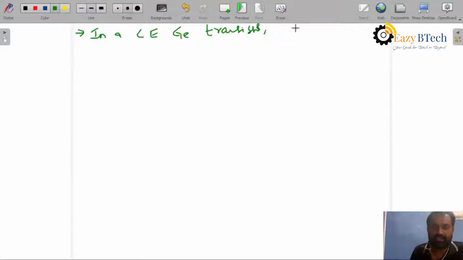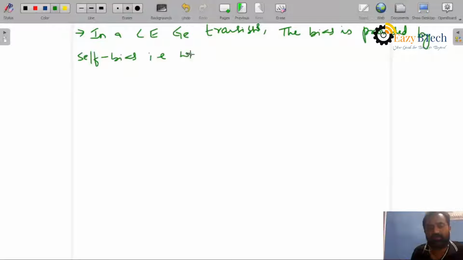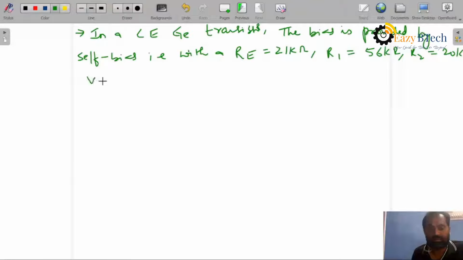Now the bias is provided by self bias, that is with an emitter resistance Re equal to 2 kilo ohm, R1 equal to 56 kilo ohm, R2 equal to 20 kilo ohm, VCC equal to 16 volts, RC equal to 3 kilo ohm, alpha equal to 0.985.